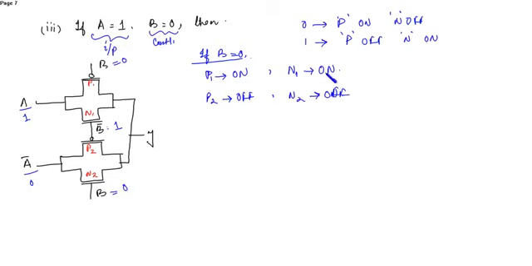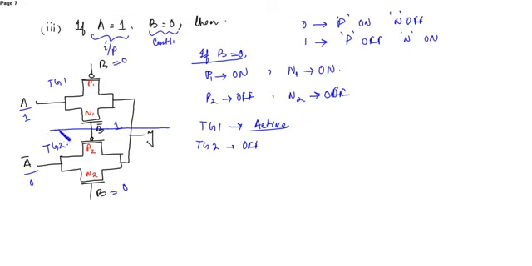So P1 and N1 will turn on, that means transmission gate 1 is active. This is transmission gate 1, this is transmission gate 2. So this is active, and transmission gate 2 is off.